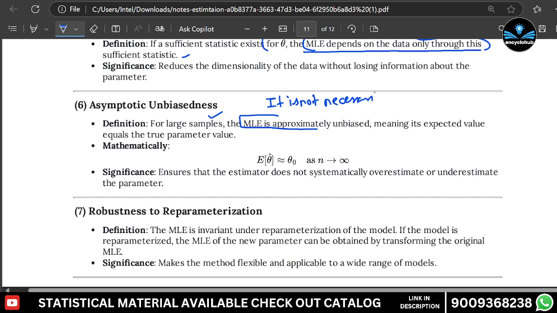But in some cases, it can be unbiased, meaning its expected value equals the true parameter value. That means if n tends to infinity, the expectation of the sample parameter will be equal to the true parameter value.